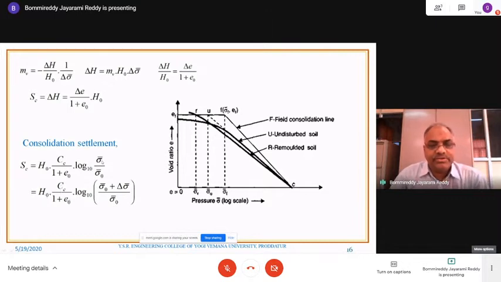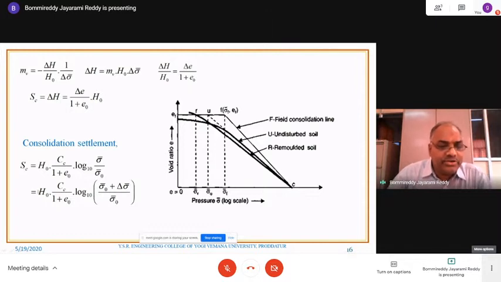What is sigma dash? Sigma dash means existing pressure. What is the existing pressure? Initial pressure plus additional overburden or additional pressure. So initial plus the additional pressure divided by the initial pressure. This is the most important equation for computing the consolidation settlement.